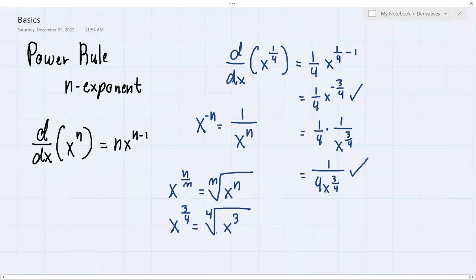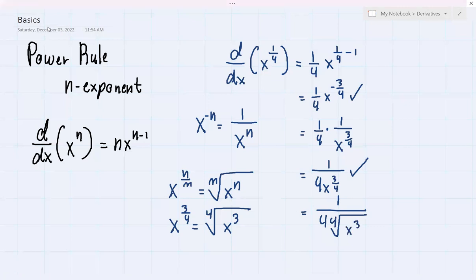So it becomes the 4th root of x raised to 3, or x cubed. Hence, we have the final answer of 1 all over 4 times the 4th root of x cubed. Right? So that's how you simplify the answer. By the way, the ones I marked with a check are correct.